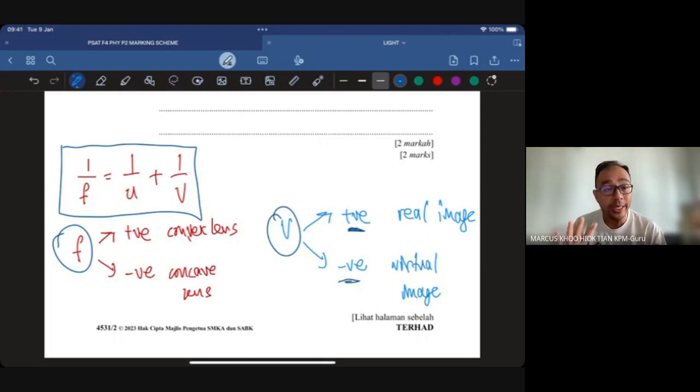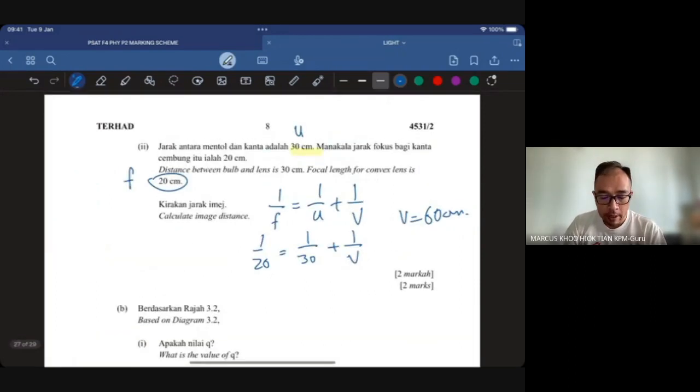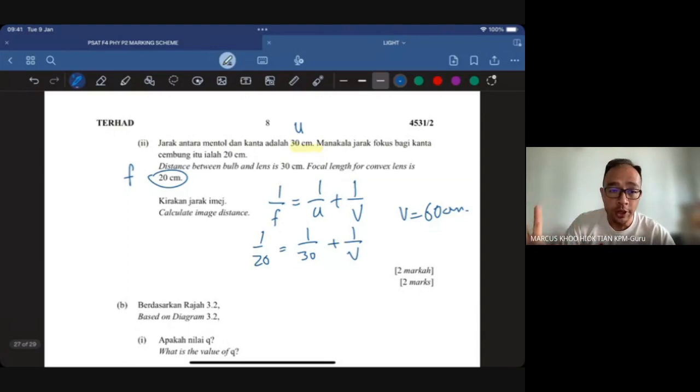I just want to recap this: if the image is virtual, then the image distance is negative. The V value will be negative. But in this case, everything is positive, so don't worry about it. Just to use the formula only.